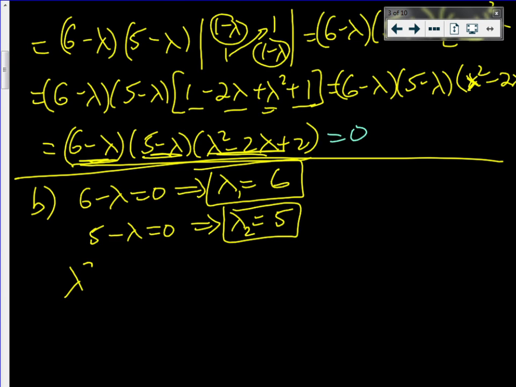Now, the next one's a little bit harder. When does that equal 0? Remember, there's a 1 here.